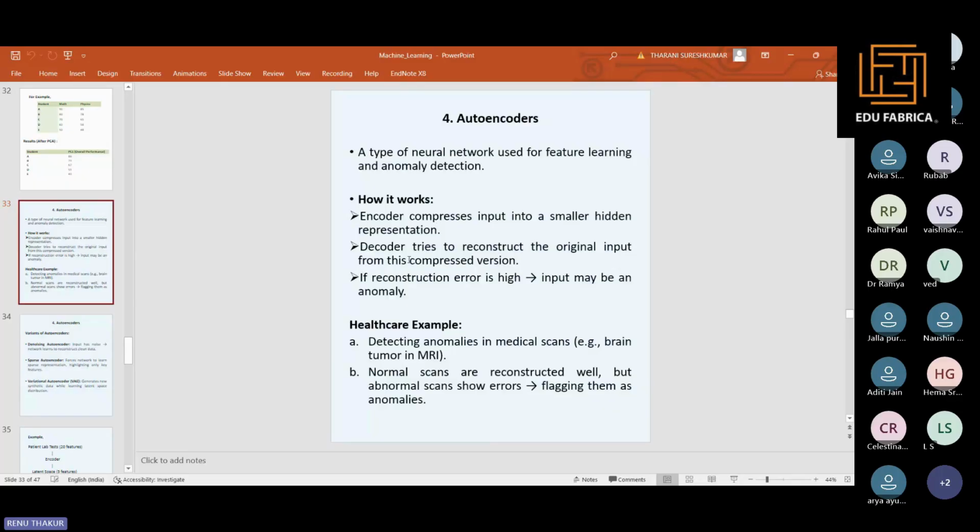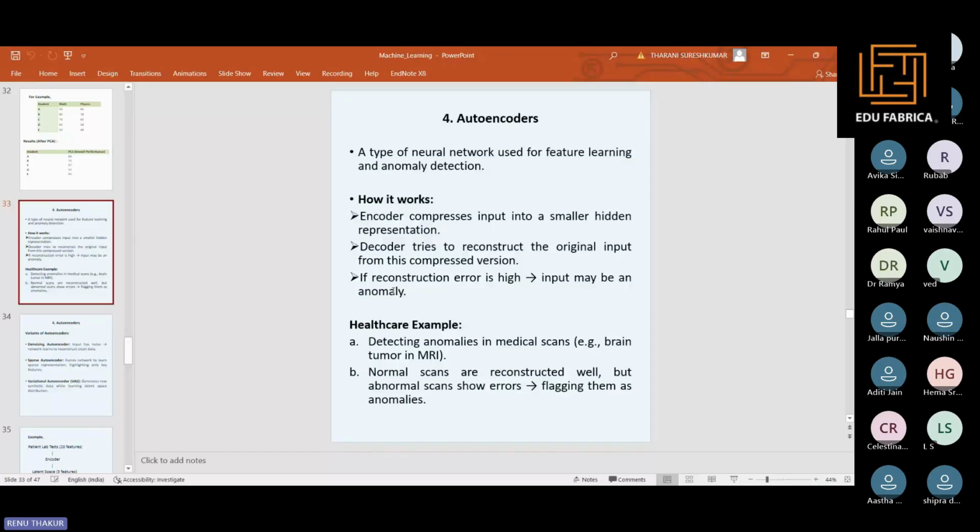Next step is the decoder. The decoder reconstructs the original input from the latent space. It tries to minimize reconstruction error and expands the latent space back to the original dimensions. Then the output will be the reconstruction. It measures the difference between the original input and the reconstructed output, and tries to reproduce the original.